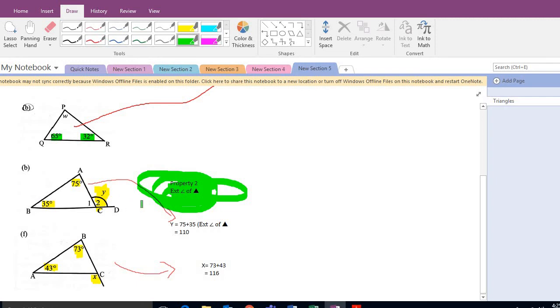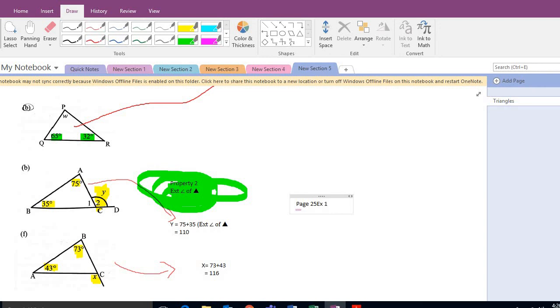Let me give you the page number. My grade 8 textbook is not here. Oh, this is my geometry book here. The page number is page 25. Let me write it in here. Page 25. Then you guys will go and do exercise 1.